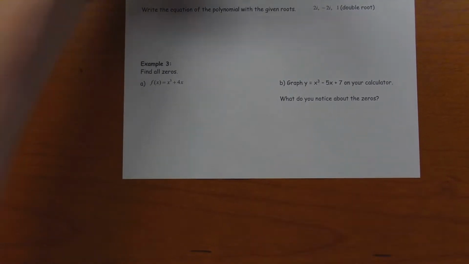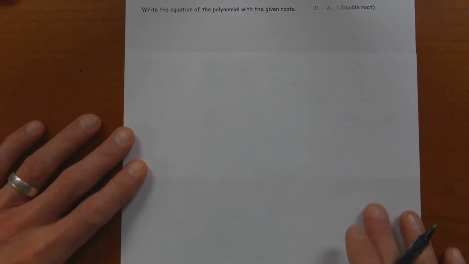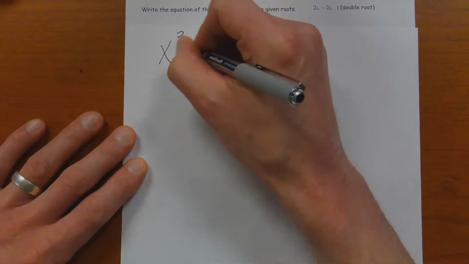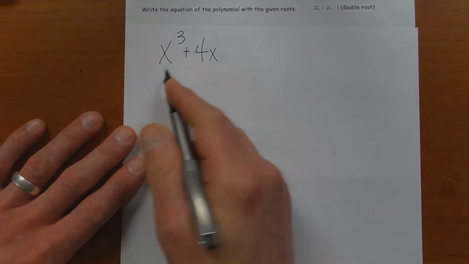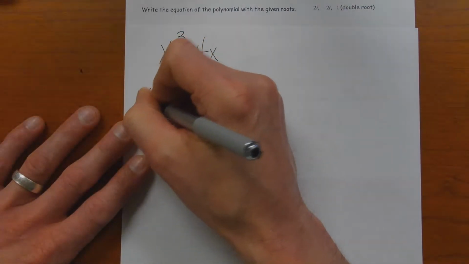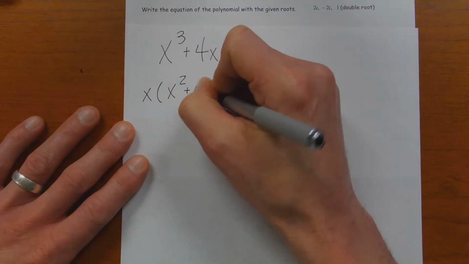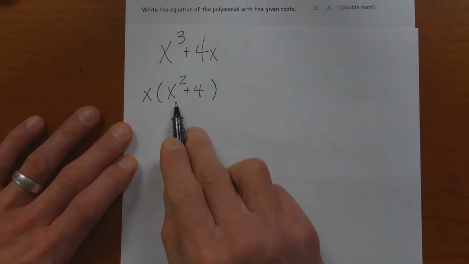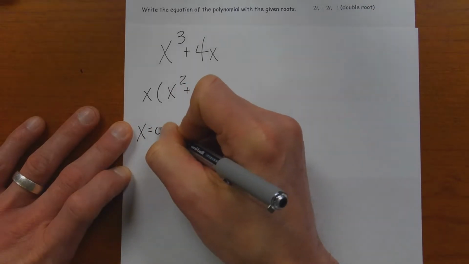Example 3, find all the zeros. x cubed plus 4x. Let me write that just a little bigger. If we're going to find all the roots, what I notice is that these two terms both have an x in common. So we could factor out an x. Now both of these are factors. This one right here we could set equal to 0. x equals 0.